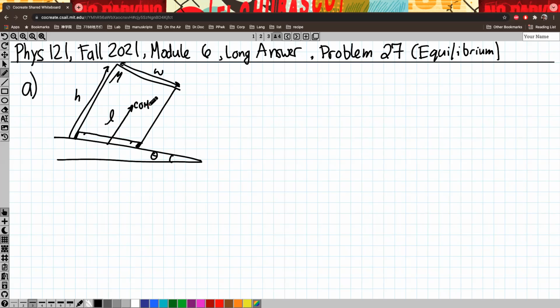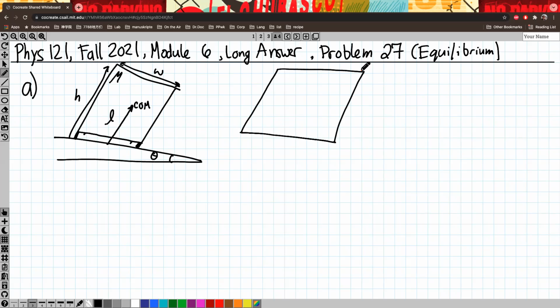And now this is a free body diagram, so we've got to draw what the forces are. What are all the forces going to be?